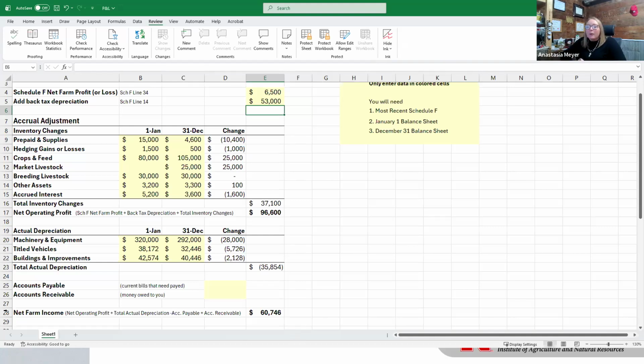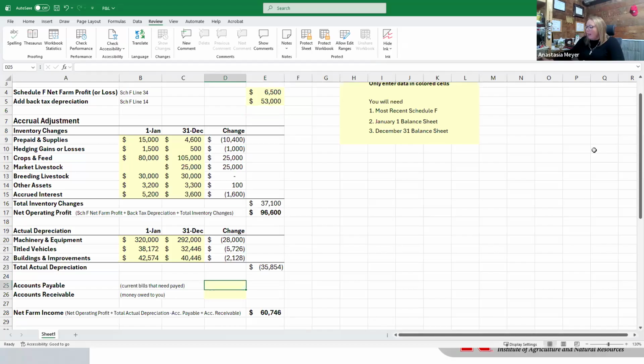If everything was settled, nobody owed me money, I didn't owe anybody else money, my true net farm income would be $60,746. Okay. But let's say that we have an accounts payable.